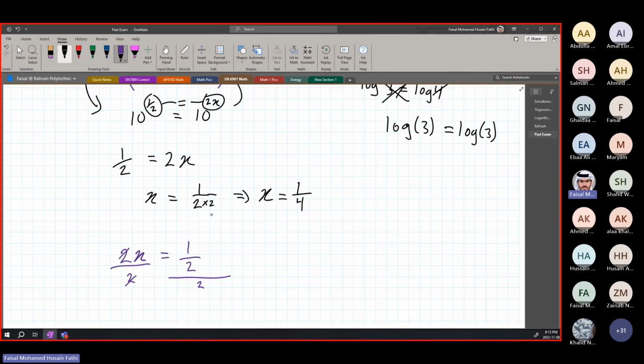This division, you can say it's like dividing by 2 over 1. The way I learned it, you multiply these two and they will be the denominator, and you multiply this one to the numerator. If this doesn't confuse you, or if you have your own method, it's fine. So this is going to be 1 times 1 over 2 times 2. So this is equal to 1 over 4.